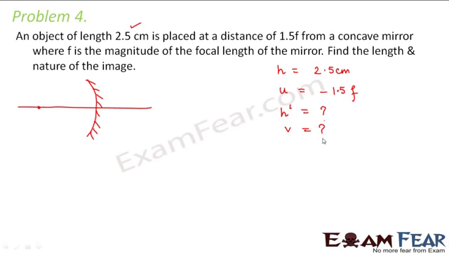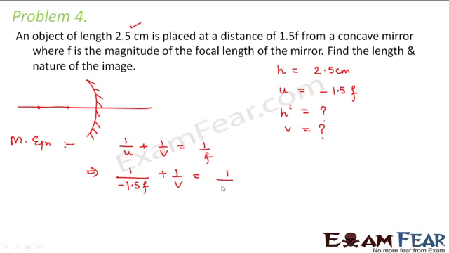For that we will also have to calculate v. So let us make use of the mirror equation: 1 by u plus 1 by v is equal to 1 by f. What is u? It is minus 1.5 f. Now what would be the value of focal length here? Focus will also be on the left hand side, so this will also be minus f.